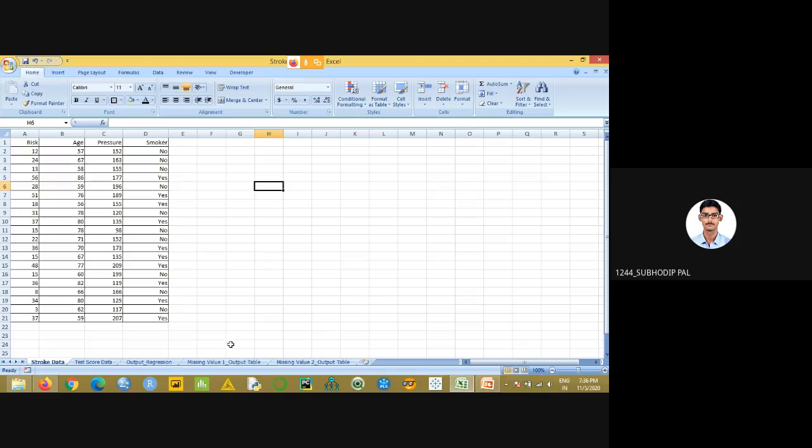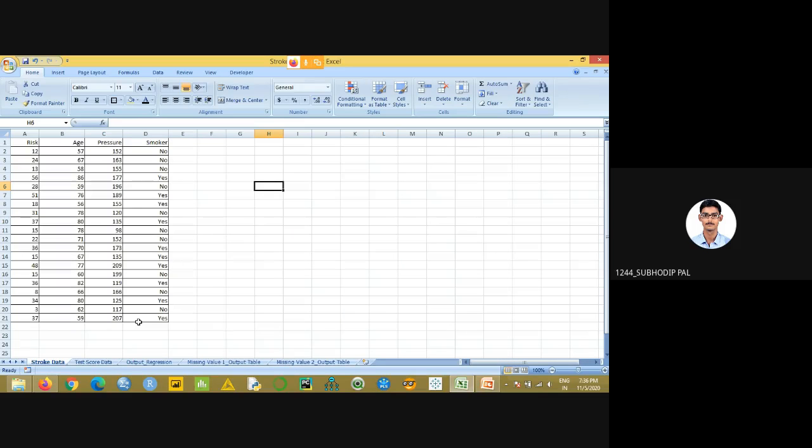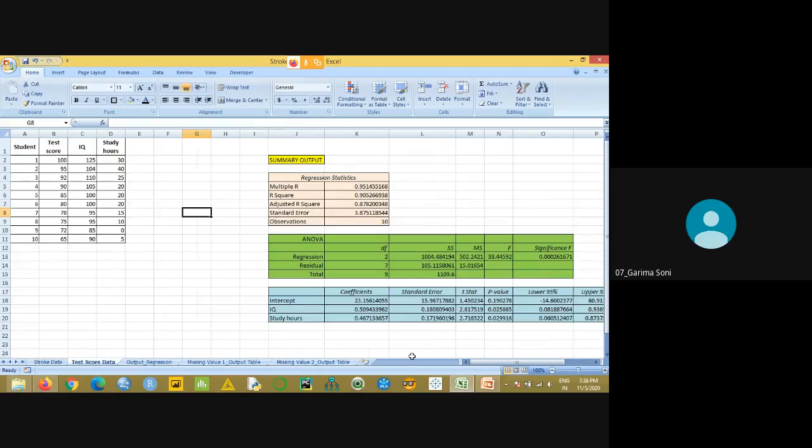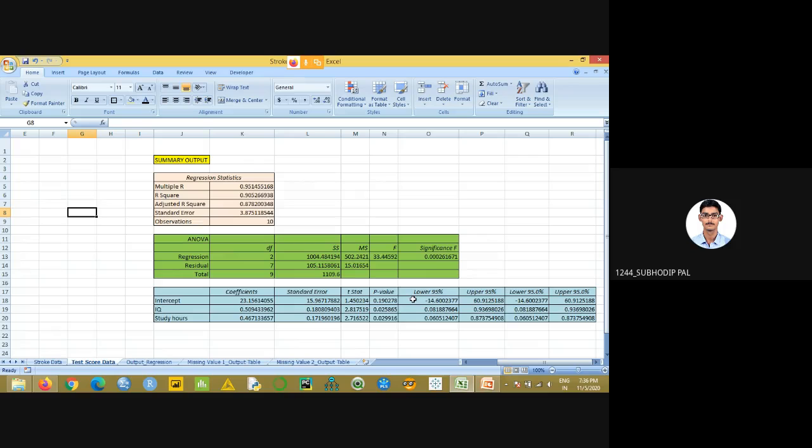Any doubt till now, anyone? No. So what you can see is the difference in the output table. You don't need to calculate multiple regression manually. So focus on the output table. There is not much difference, right, between simple linear regression and multiple linear regression.